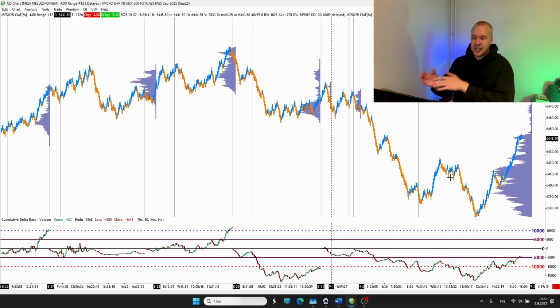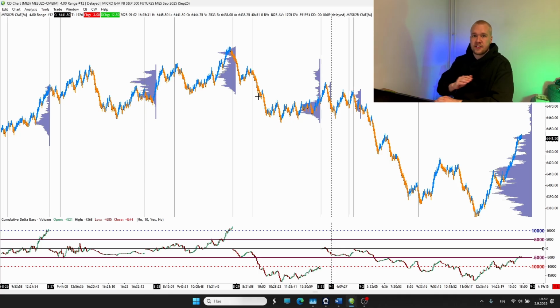But again, in my own trading, I start my session at RTH. So if there's no delta divergences happening at that time, and there almost never is, unless there is a delta divergence happening exactly at 9:30, it doesn't really matter.